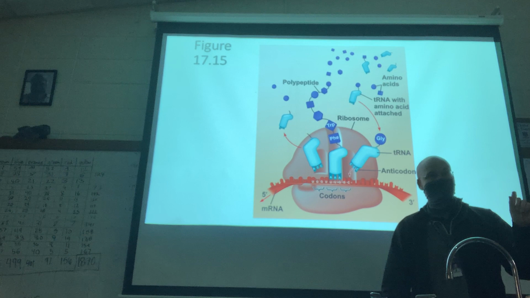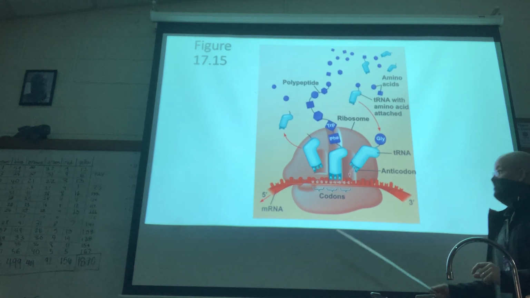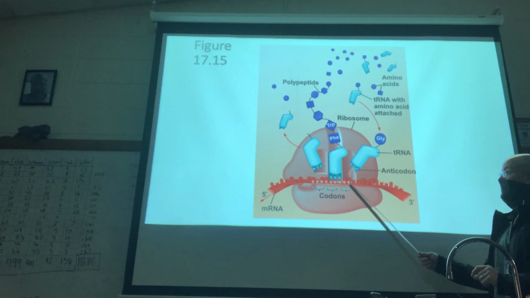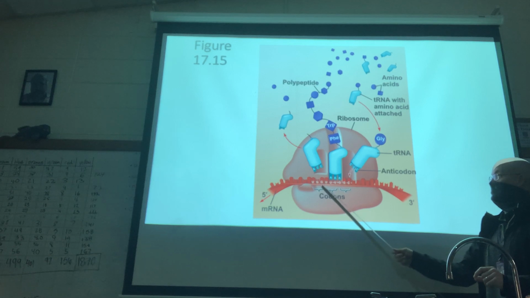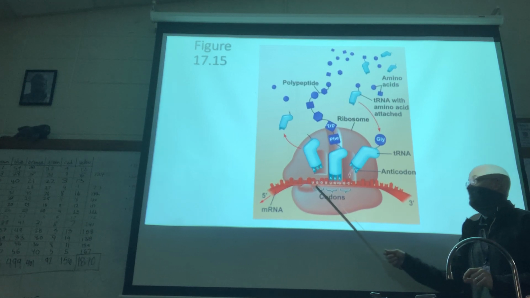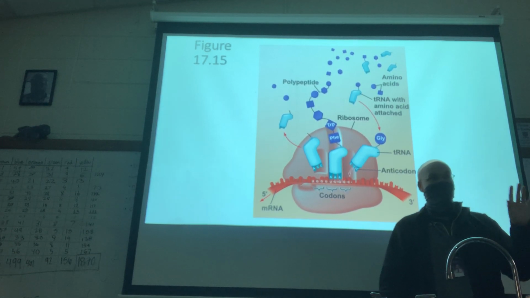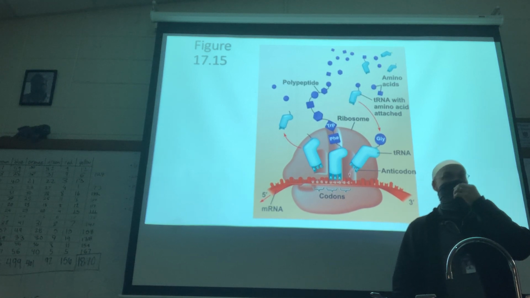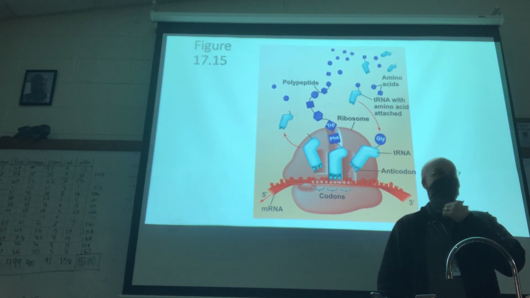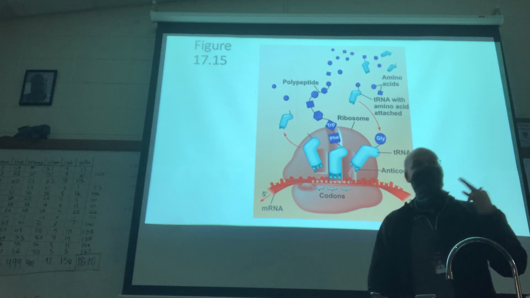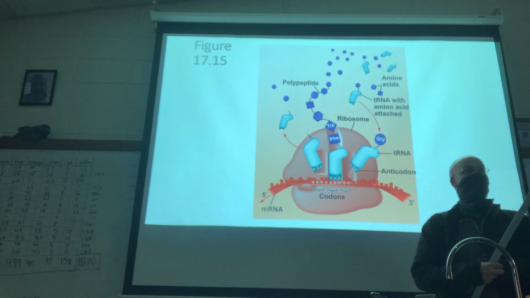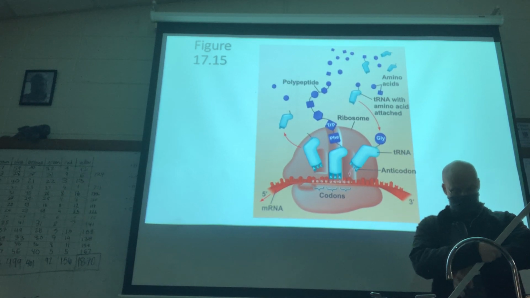The term anticodon. So mRNA has these three-letter segments called codons. The way a codon works is that a codon attracts an anticodon that matches it.